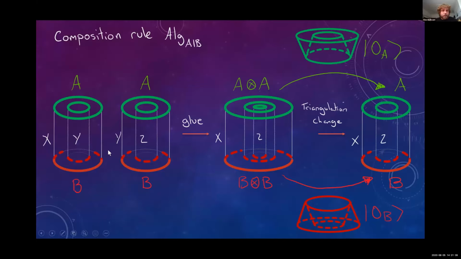And what we do is, I've chosen this, so this right state is glued inside this left one by identifying these cylindrical boundaries. This defines a state here. But the problem is that in my topological lattice model, all I told you how to do was change triangulations which preserve the triangulation of the boundary.